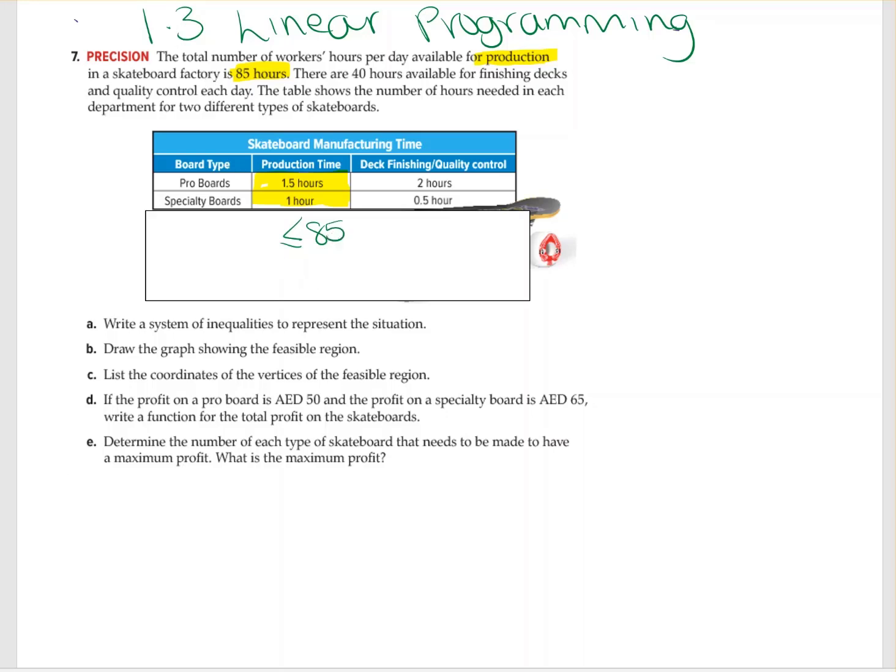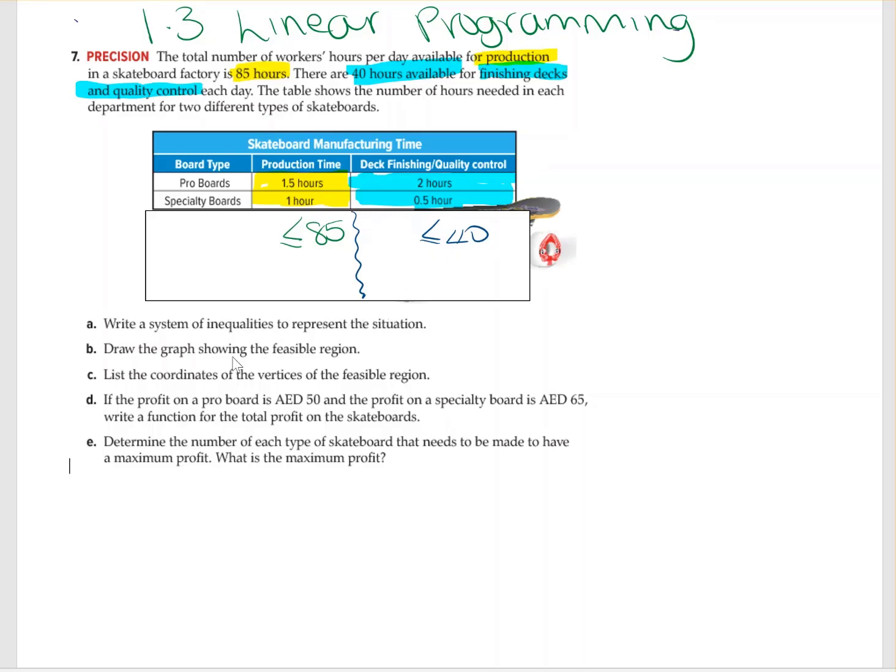And then, the next part says there are 40 hours available for finishing decks and for quality control. So for finishing decks and quality control, which is this part here, we know that this is 40. So this has got to be less or equal to 40.